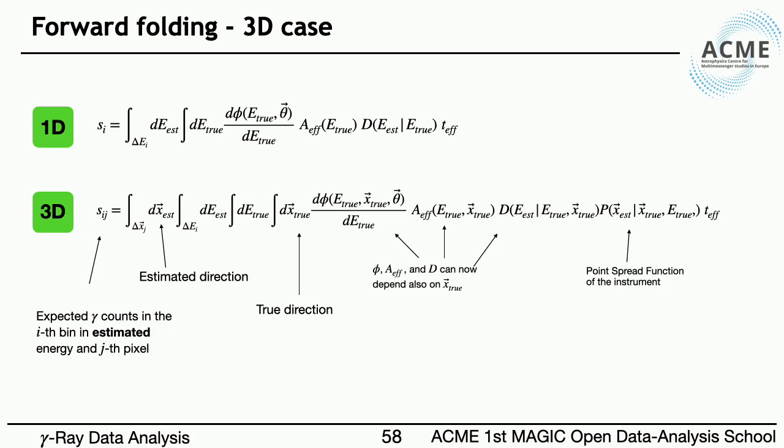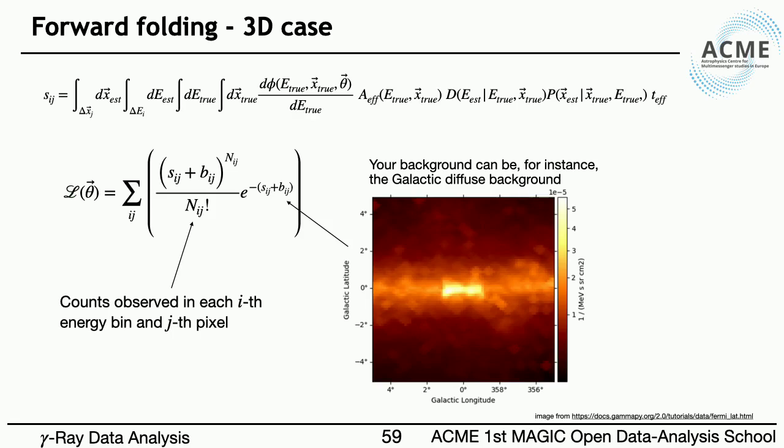So the PSF usually at low energy is bad. At high energy, showers are instead brighter and better defined, so the direction reconstruction improves when you go higher in energy, and the PSF becomes narrower. So this is why you have to include the dependency on the true energy in the PSF, as we did here in this expression.